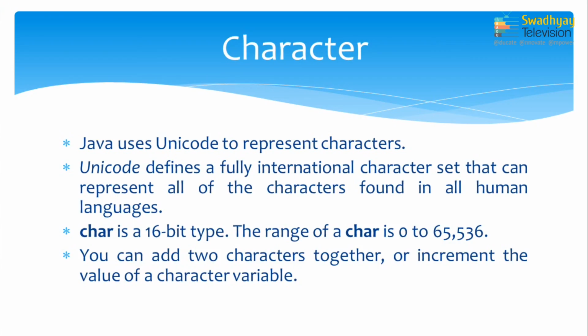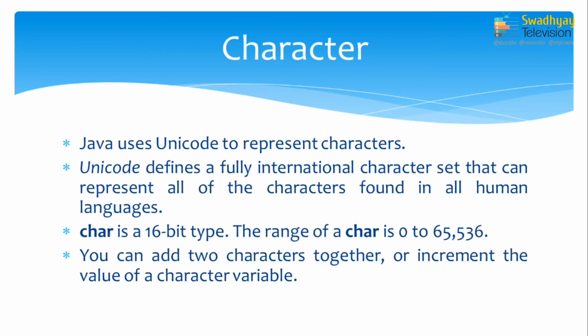Next is the character data type. As I mentioned earlier, the character data type is used to store characters and it uses Unicode to represent characters. Now, this is because it represents all the characters found in all human languages, and that is why the character is of 16 bit instead of 8 bit, and the range of values is from 0 to 65,536.